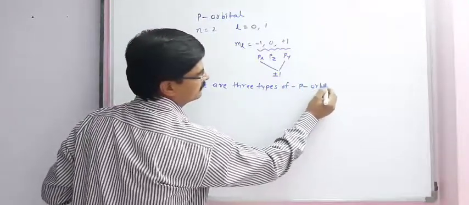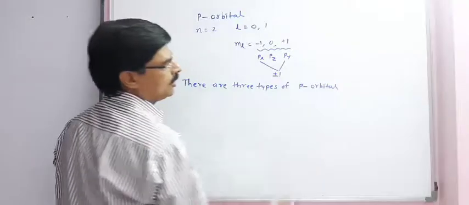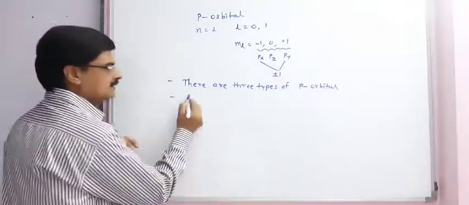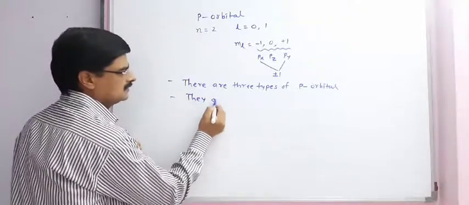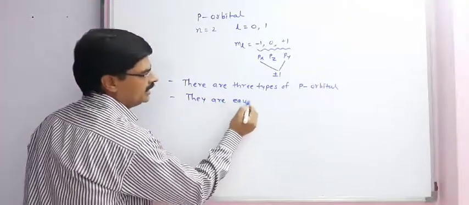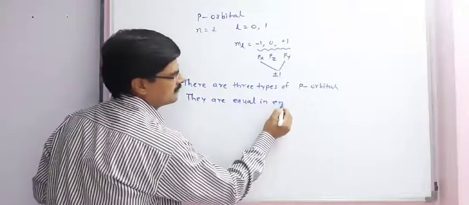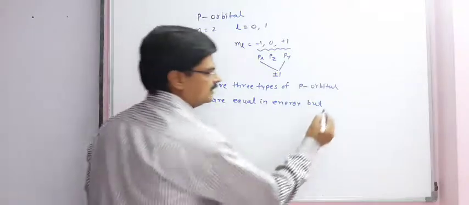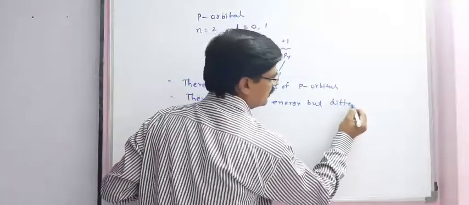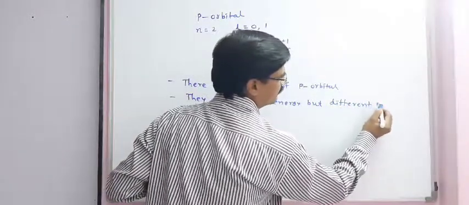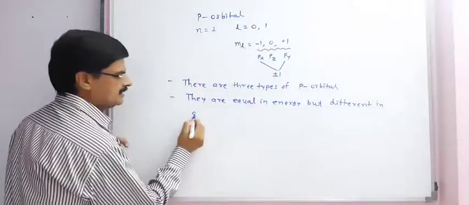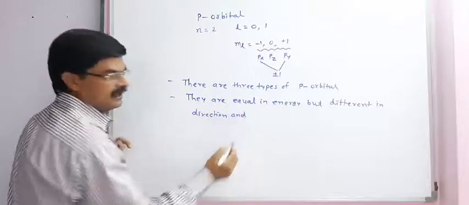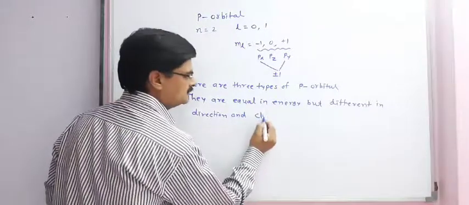Now we can say that there are three types of p orbital. P orbitals are of three types. They are equal in energy but different in direction and charge distribution.